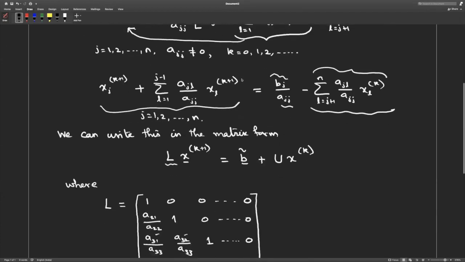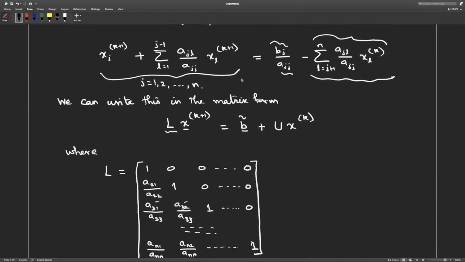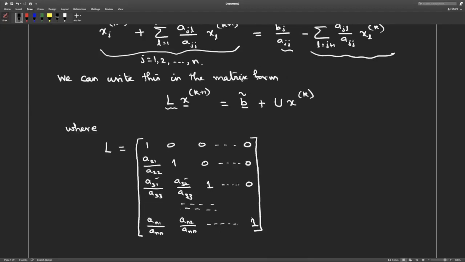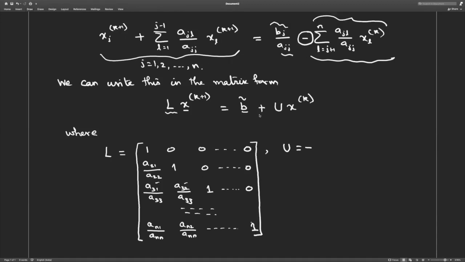So I can multiply both sides by L inverse and thereby make the left hand side coefficient matrix the identity matrix. For that, I am very happy that L is invertible. And what is U? U is going to be minus, because there is a minus term here and I have taken plus here. Therefore, I will keep that minus in the definition of U itself.